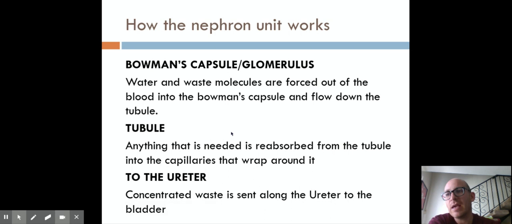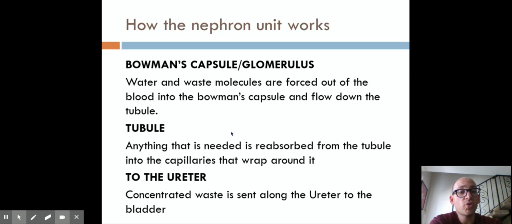So if it is a really hot day, we're going to pull lots of water back in. Okay. If our body recognizes we have a lot of fluid in our system because we've been drinking a lot, it's going to leave a lot of that water still in the tubule. But depending on the situation of our body, we're going to reabsorb everything we need.